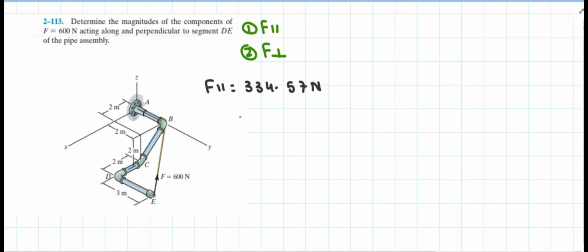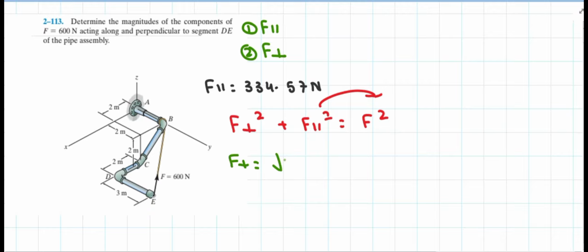We know that if we have the parallel component of force F and the original force F, by the help of these two values we can easily find the perpendicular component of force F. The formula is: F perpendicular squared plus F parallel squared is equal to the magnitude of force F squared. So shift F parallel squared to the opposite side and take the root. F perpendicular is equal to the square root of F squared minus F parallel squared.